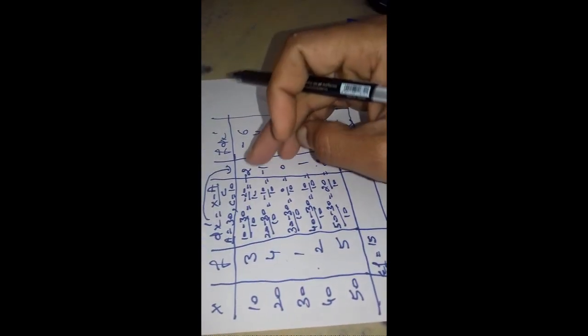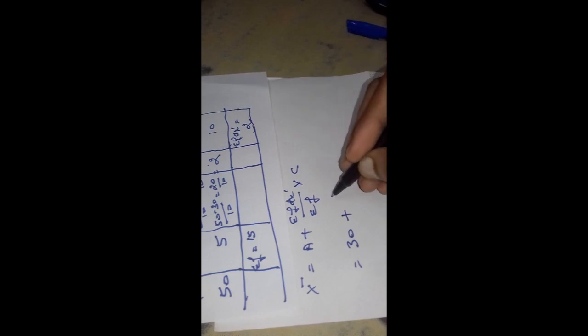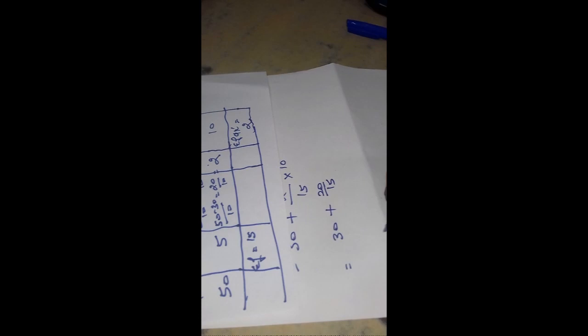A is 30, c is 10, so a is 30 plus summation f dx bar is 2 over summation f is 15 multiplied by the common factor 10, equals 30 plus 20 over 15, equals 30 plus 4 over 3, equals 30 plus 1.33, and the answer will again be 31.33.